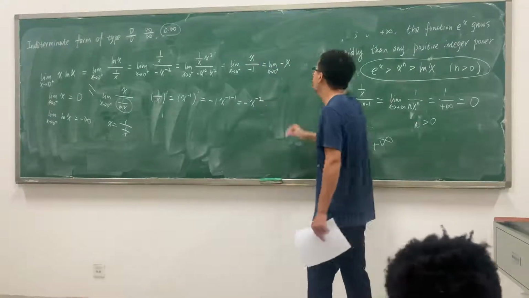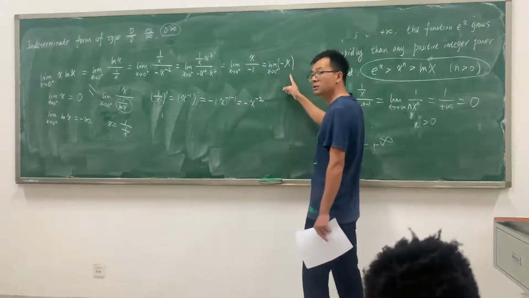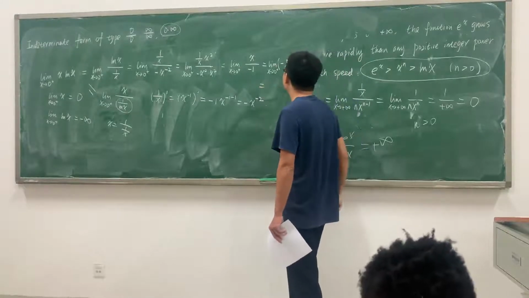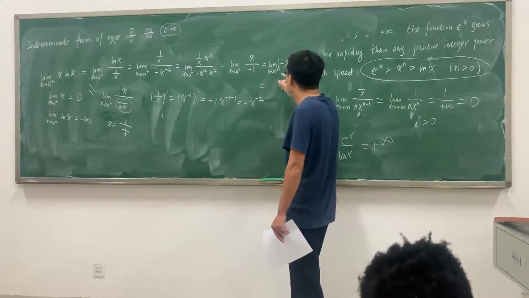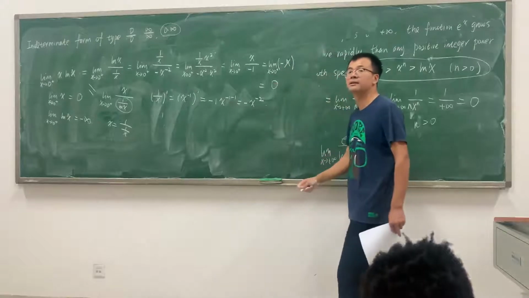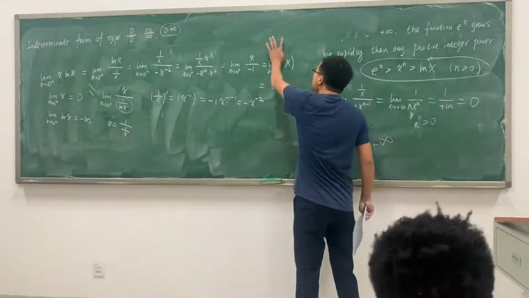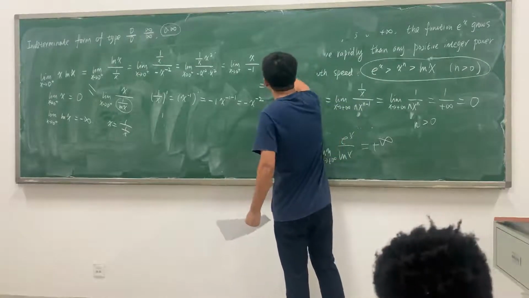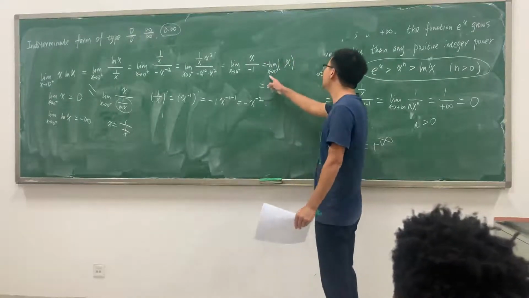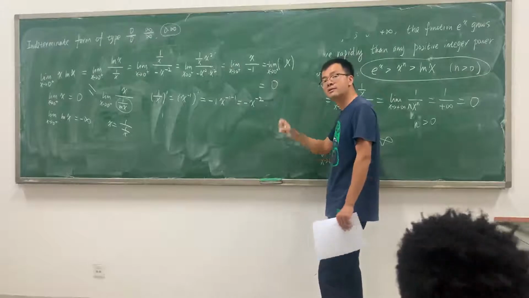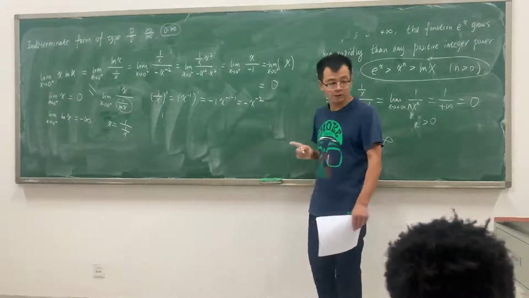As x approaches 0, minus x goes to 0. We can take the minus out. So the result is 0.